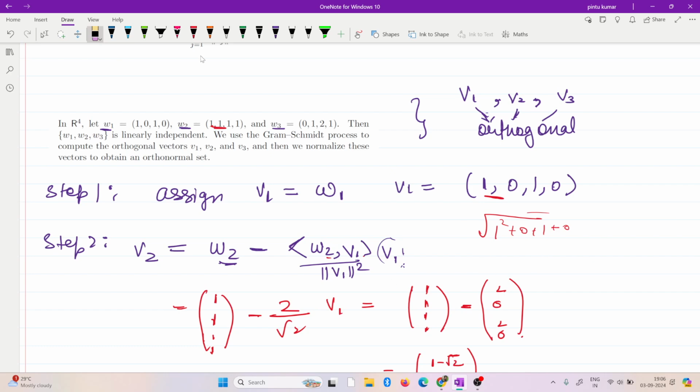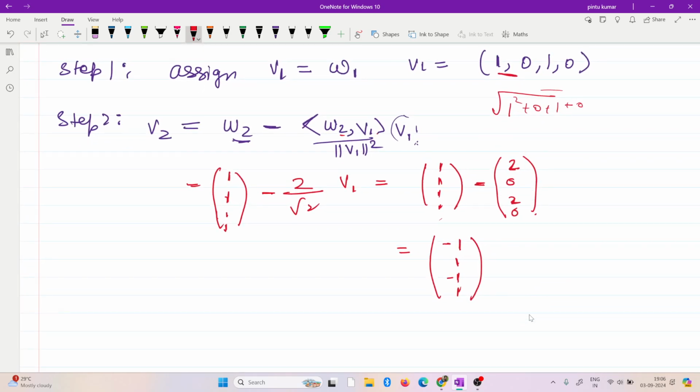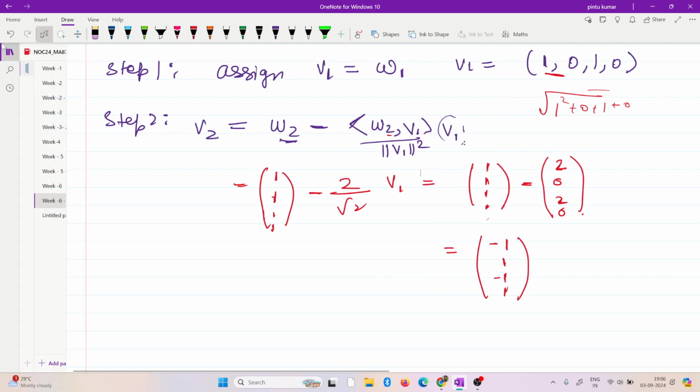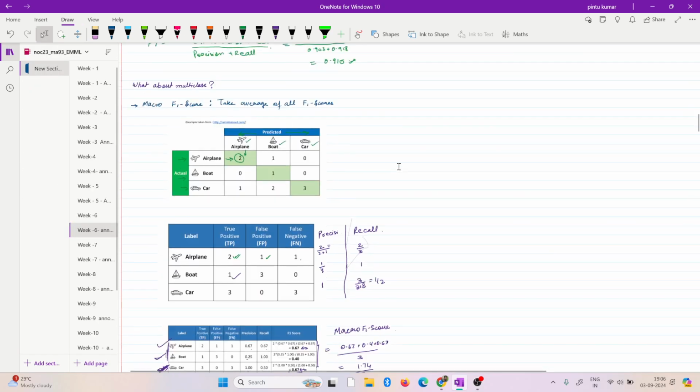Okay, so this is norm square. So this we obtain as (-1, 1, -1, 1). Okay, so just a second.